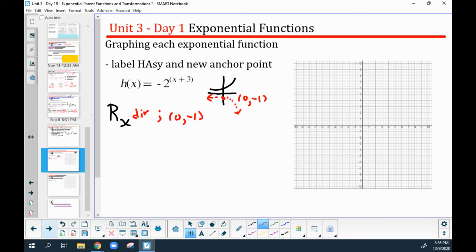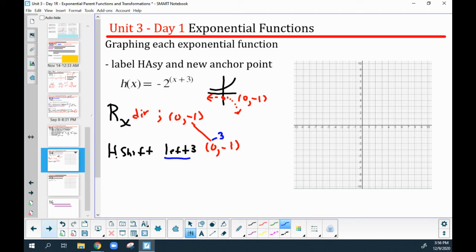So not only did that change direction, but it also changed our anchor to 0, -1. Keep that in mind. Looking at the rest of the problem, inside the argument you have a 3. Inside the argument, that's going to be a horizontal shift, and that's going to be left 3. That means this anchor that used to be 0, -1 because of the reflection now is going to go left 3 on the x value.